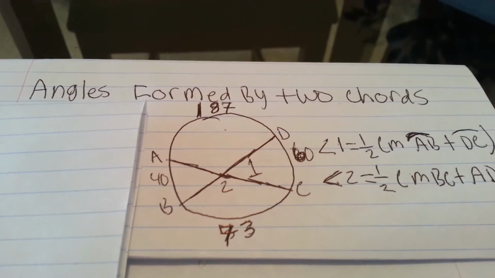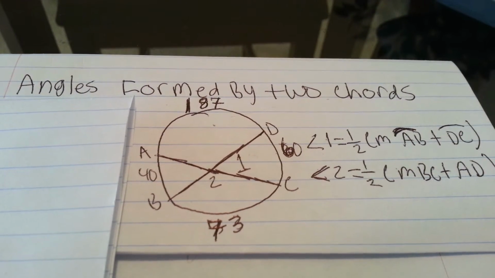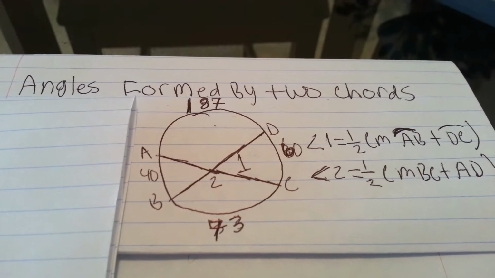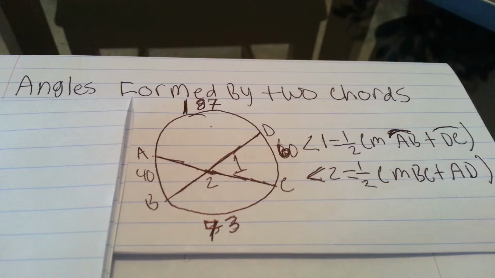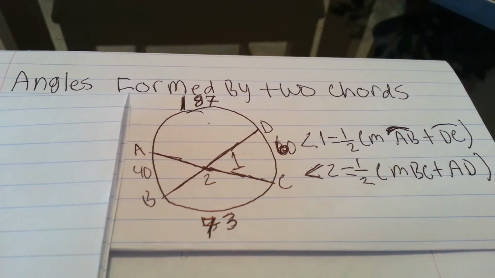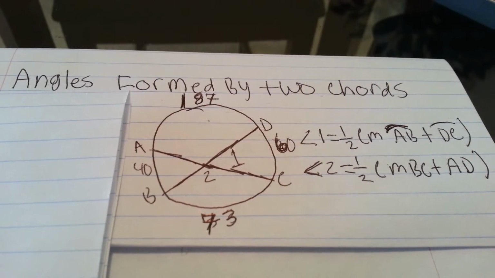So the first step that you would do to find angle 1 is add arc AB, which is 40, and add arc DC, which is 60. And once you add those up, you will get 100, and divide that by 2, and you will get 50 for angle 1.